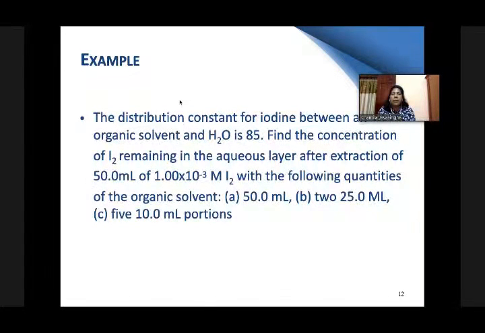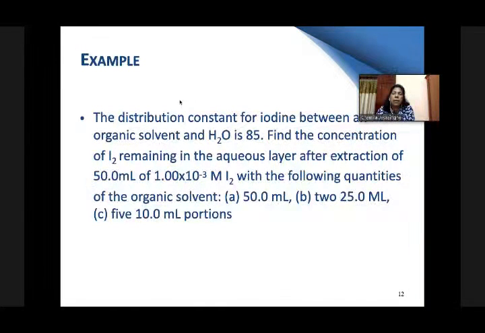Find the concentration of I2, the iodine remaining in the aqueous layer after extraction of 50 milliliter of 1 into 10 to the following quantities. Now what is the V aqueous? It's 50. V aqueous equal 50, K equal 85.